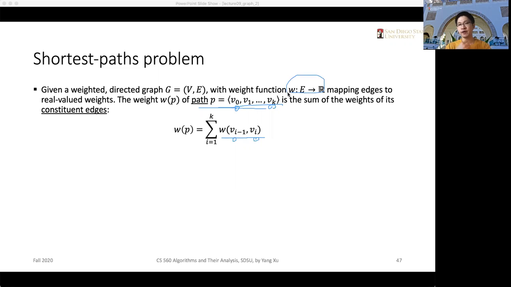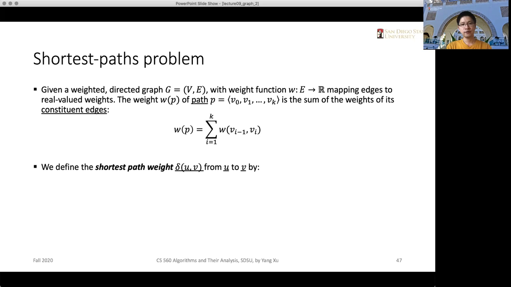This weight function returns a real value given the starting vertex and ending vertex. We will meet this weight function W later in all the functions we define, because it contains the weight information for the whole graph. Just for clarification, W is not a vertex. It's a function.